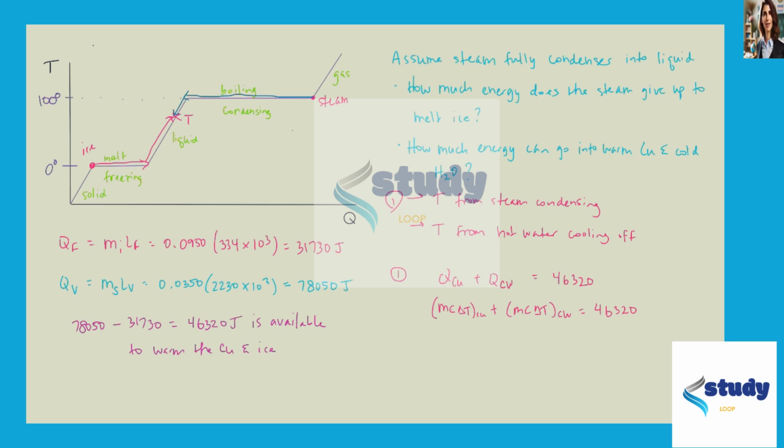And the mass of the copper is, of course, 0.446 kilograms times 385 joules per kilogram. And we have a final temperature of T minus 0 degrees where we started, plus the mass of our ice, 0.0950, although it's now liquid water, multiplied by the specific heat of water, 4,184 joules per kilogram, again, times T minus 0, final temperature minus initial temperature. That's going to be equal to our 46,320.